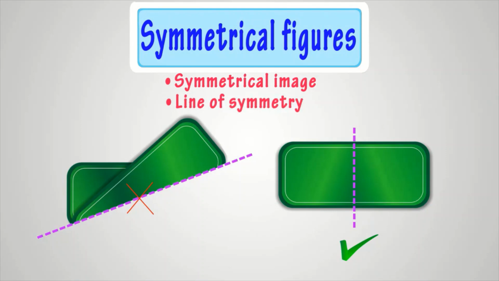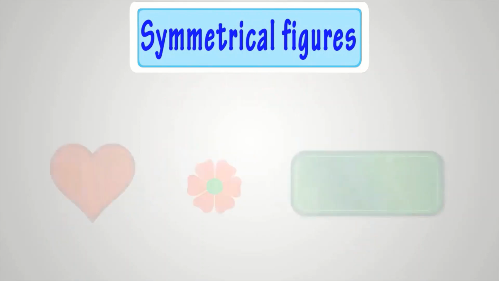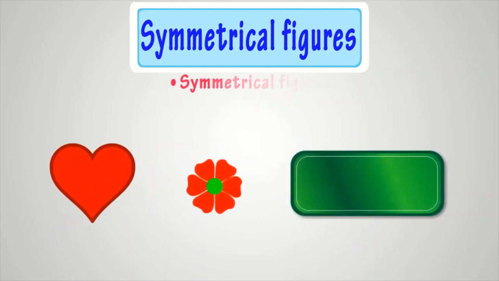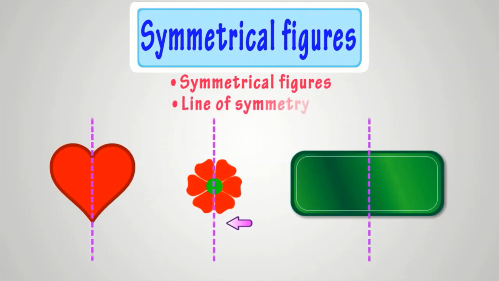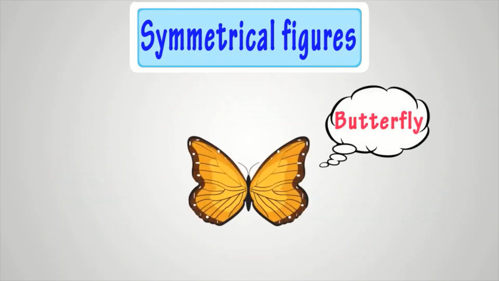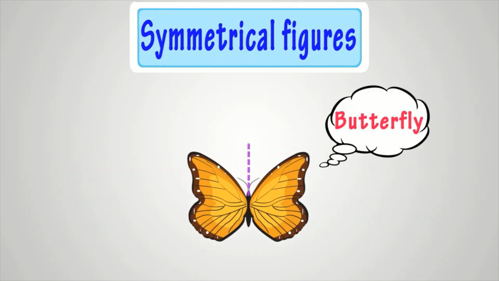Now, kids, you have a fair idea what symmetrical figures are and what a line of symmetry is. Now, let's see a few examples of some symmetrical figures and their line of symmetry. Here we have a butterfly, and we can fold it exactly halfway.